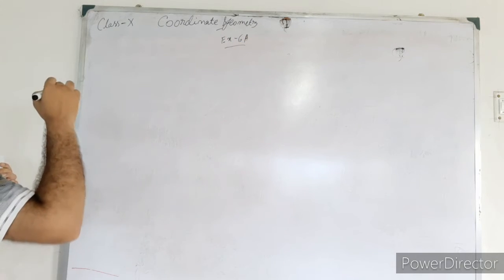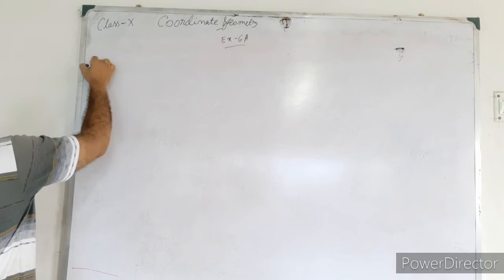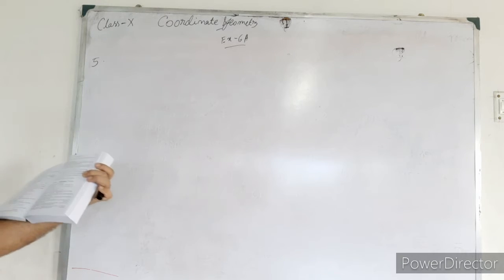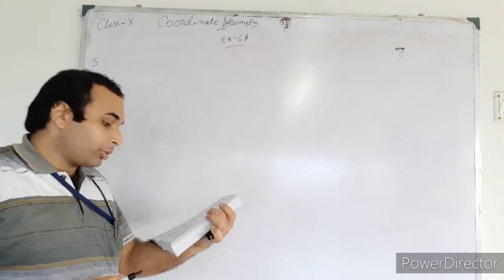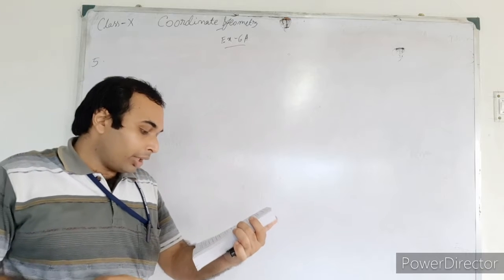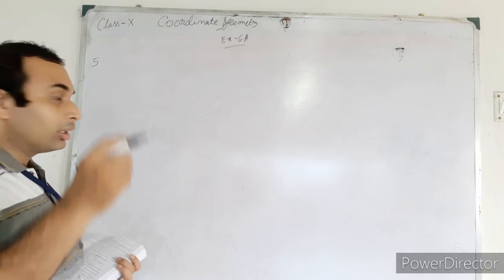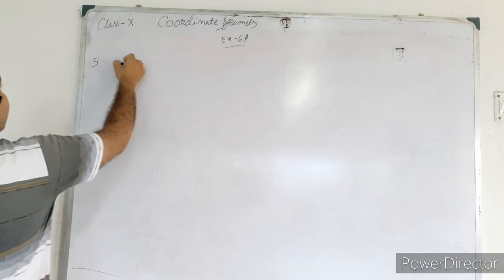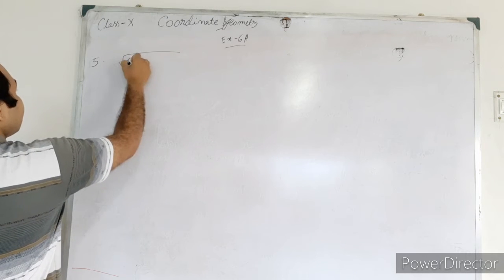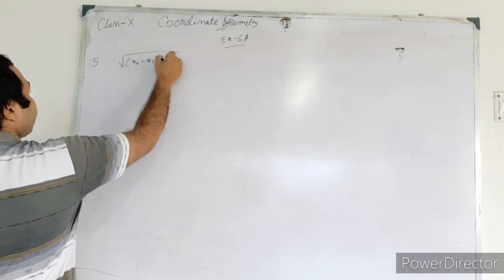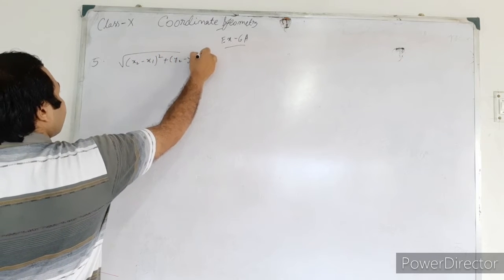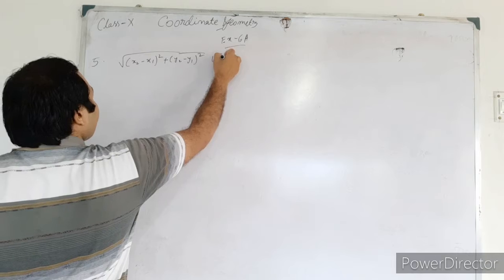Question number 5. Find the values of x for which the distance between the points P(x, 4) and Q(9, 10) is 10 units. Obviously it is an application of the distance formula, which is the square root of (x2 minus x1) whole square plus (y2 minus y1) whole square units.